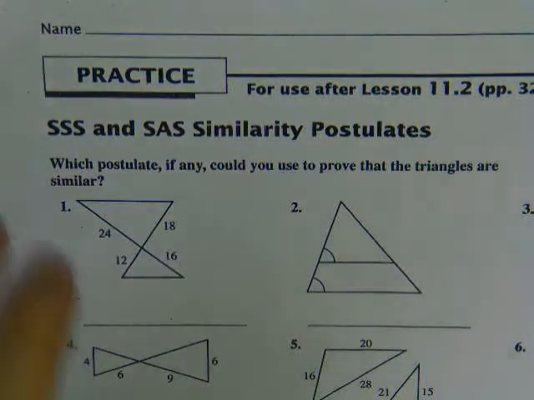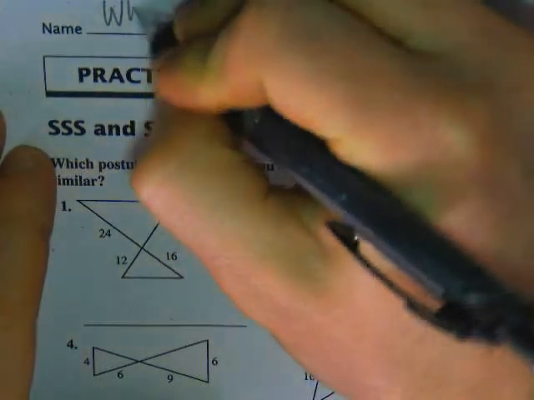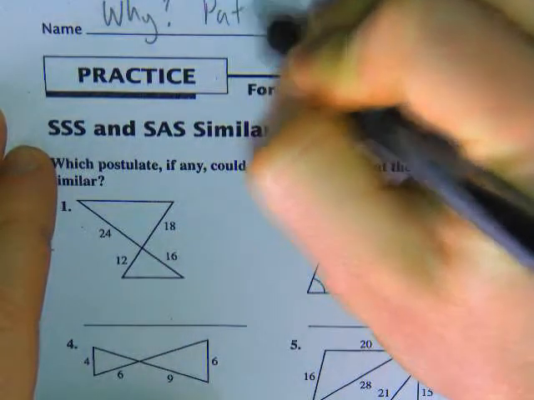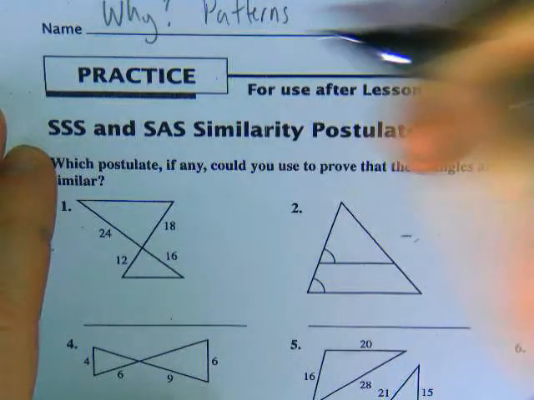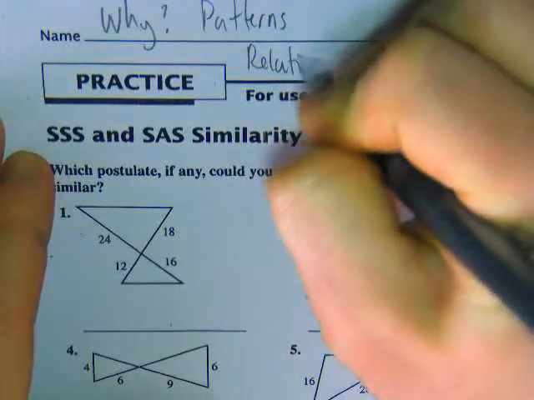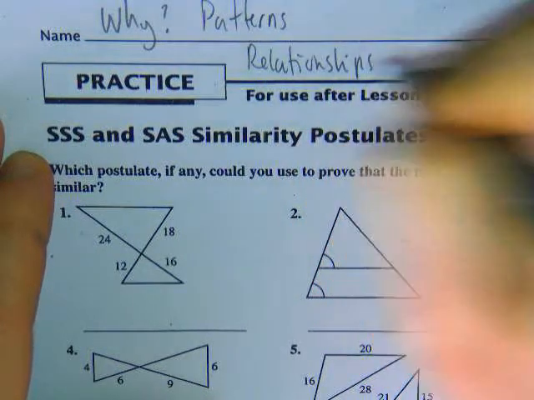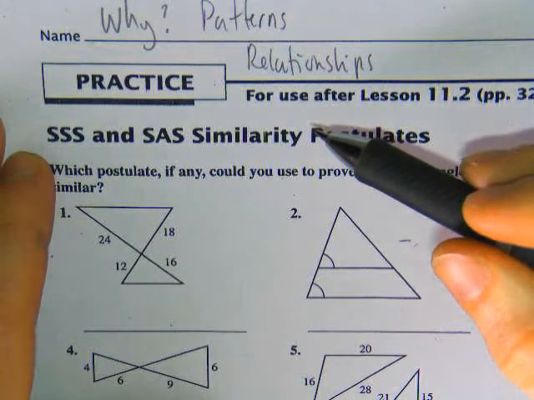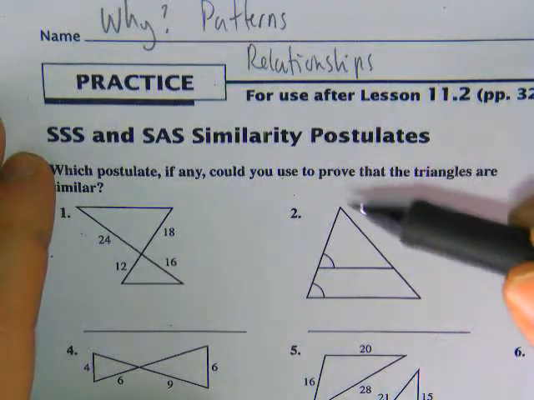Alright, so the why here, we talked about some of this before. We're looking for patterns. And we're looking for relationships. And we're going to identify and manipulate these relationships to help us solve problems.